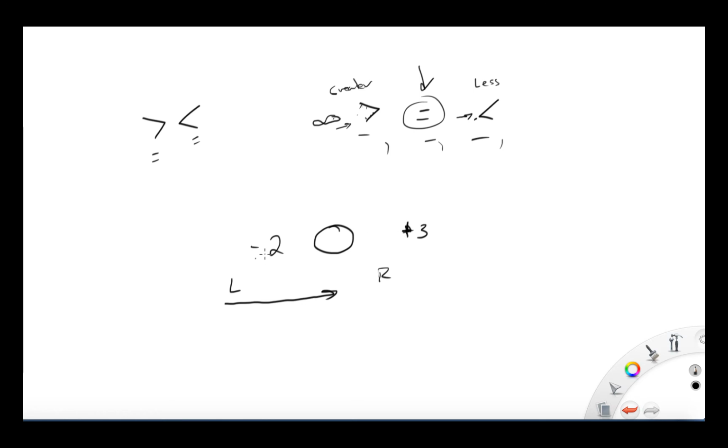Okay, well, -2 is less than +3, right? Because if we look at a number line and we have the 0 as our origin, we have -2 here, 1, 2, 3, we have +3 here, we know that -2, right, is less than 3. We can see that on our number line. So we would use this as a symbol.